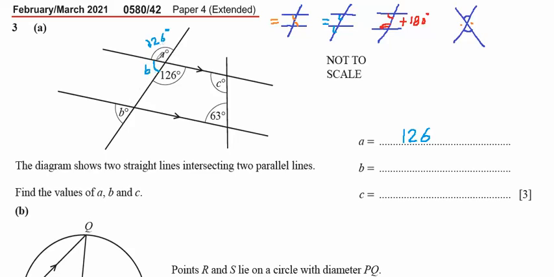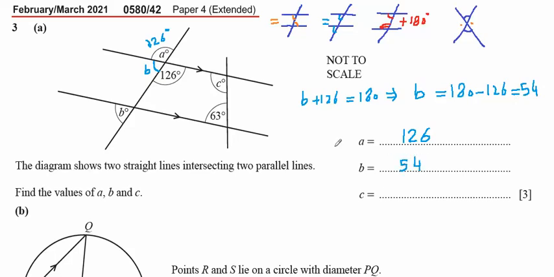Now these two angles are lying on a straight line, so the sum of these two will be 180. So we can say that B plus 126 is equal to 180. So this will give us B is equal to 180 minus 126, which is equal to 54 degrees. So the value of B is 54.